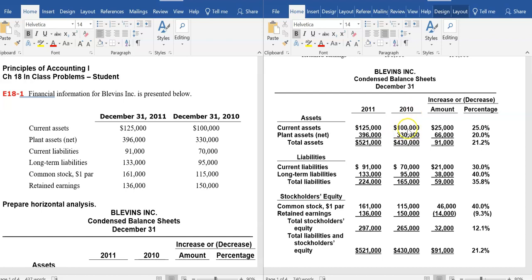Take the dollar amount of change from the base year to the year that it is being compared to. The dollar amount of change from $100,000 the base year to 2011, 125, is a total dollar amount of change of 25,000. We then calculate the percentage change, and the percentage change is calculated by taking the amount of the change divided by the base year.